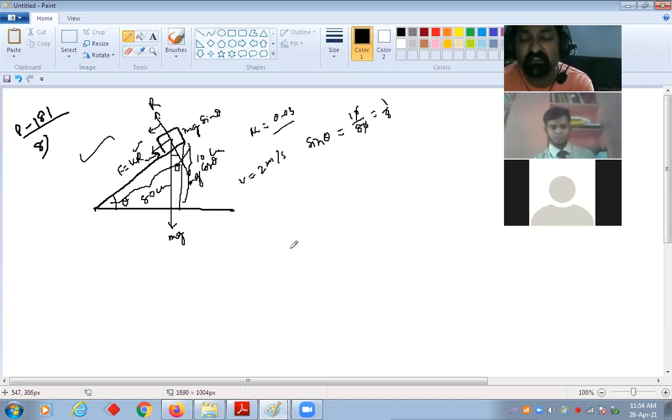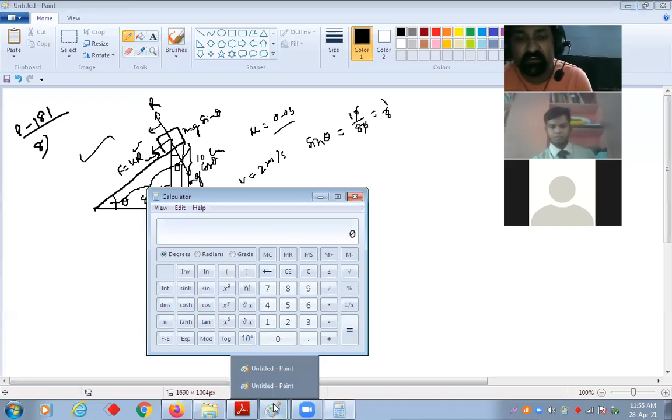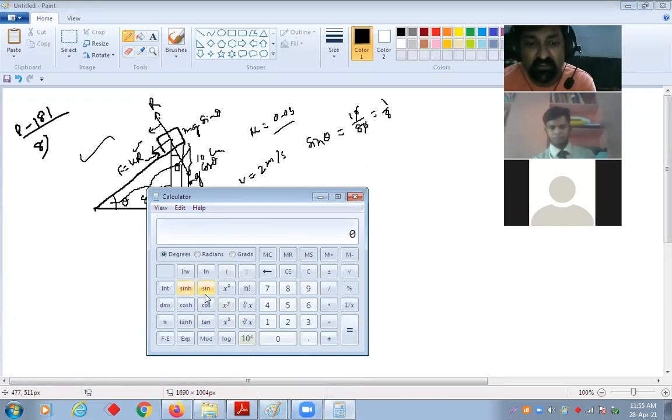Now, as we say that sin 30 degrees is equal to half, theta is equal to sin inverse half. Sin inverse half means 0.5. See, this is the inverse function. So if you write sine inverse 0.5, you will get 30. Understood?